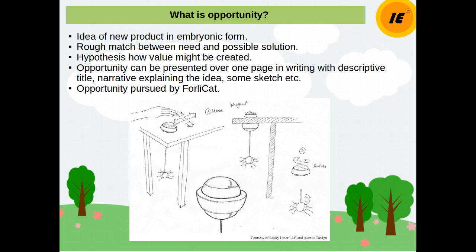So that's a simple product. This is an example of an opportunity that includes a possible solution concept, which is typical for efforts focused on identifying opportunities for new products in a well-defined category like cat toys.